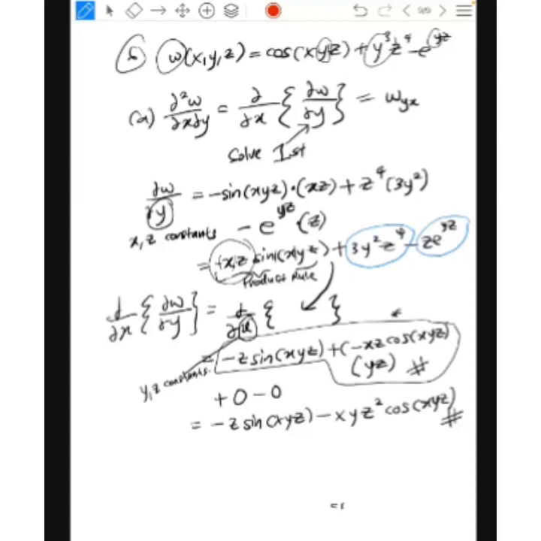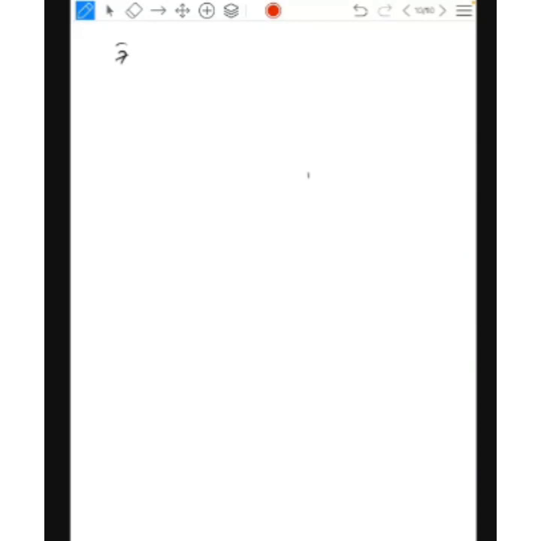Okay, let's look into 7. Question 7 is a wording question, application question that uses partial derivative to solve the problem lah. So I have a volume of cylinders V equals pi r squared h, where r is the radius and h is the height.